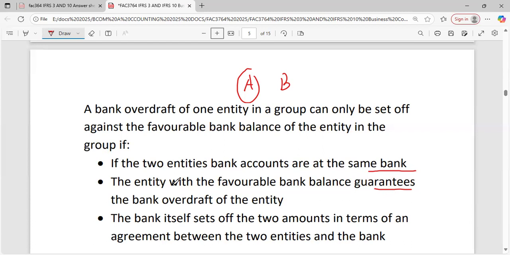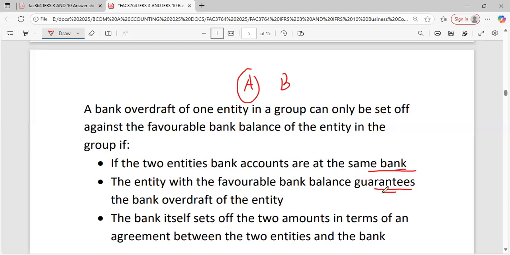And this will agree together, even if they have the same bank account, but if there is no guarantee to do that bank overdraft, then it means the bank cannot do it on its own. So the bank can only do it if there is agreement between the two entities and the bank.